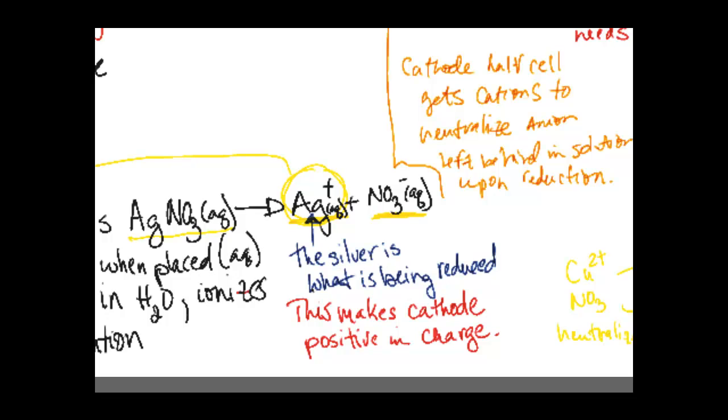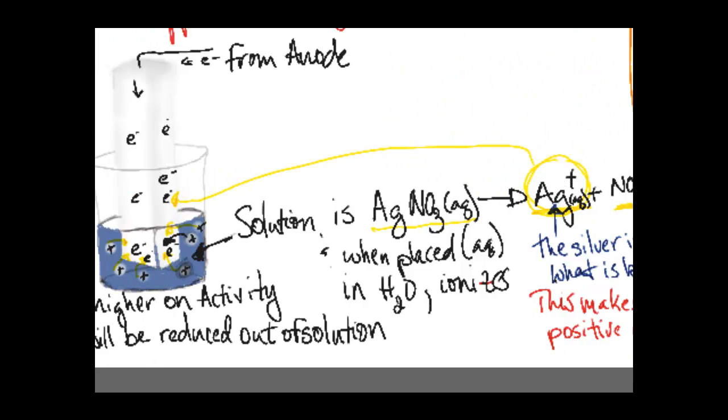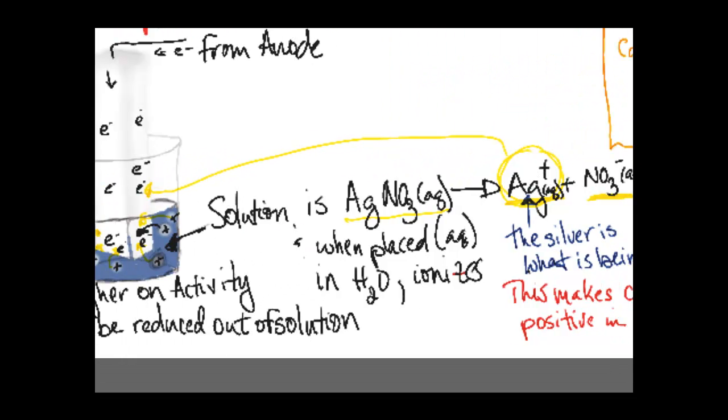Okay? So in the salt bridge sense, what's happening? Well, our salt bridge is going to try to neutralize this reaction here. Right? So what do we have going on? Well, we have a bunch of the plus charges going onto the bar, and basically leaving a bunch of minus charges in the solution, just hanging out, doing nothing.